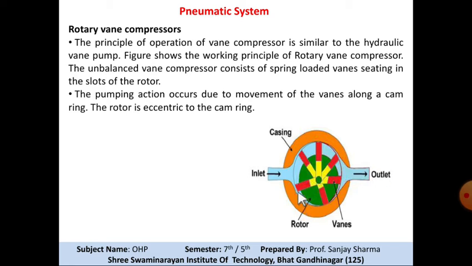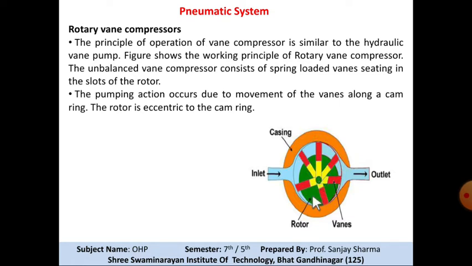In order to obtain this compression action, the rotor is located at an eccentricity, that is mentioned here. The rotor is eccentric to the cam ring. So this is the reason why the eccentricity is required.